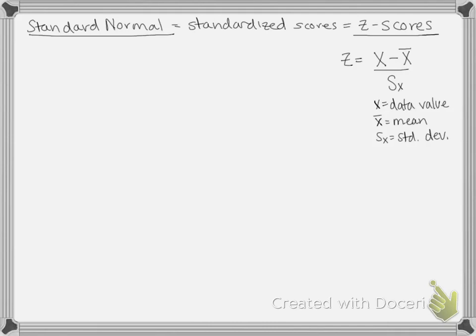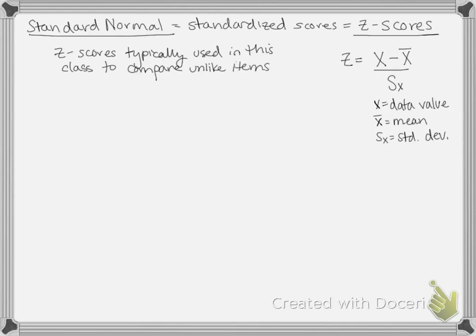So z-scores are typically used in this class to compare unlike items. Right? So people always say, like, you can't compare apples to oranges, and I'm like, sure, standardize them, measure them in some standard form, plop them on the same scale, and I'd be happy to compare them for you. Okay? I'm a numbers person. Literally, show me the information and I will compare them for you.